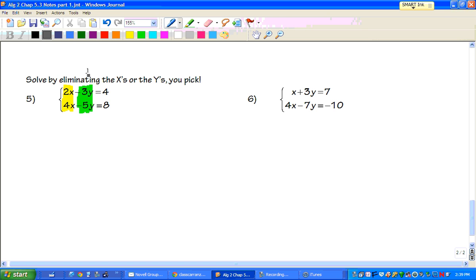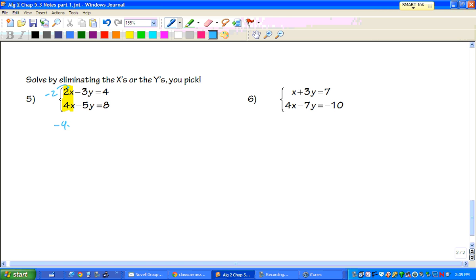I know that for the y's, I would need to get 15. But for here, I would just need 4's, okay? Because 2 and 4 are closer together. So I'm going to get rid of the x's. And I would need the 2 to be a negative 4. So I'm going to multiply it by a negative 2.